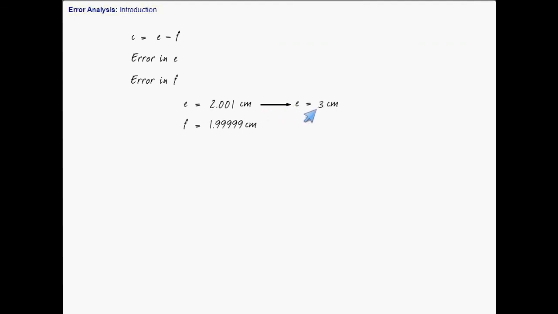I measured F; F can be either 1 centimeter or 2 centimeter, because the scale has a least count of 1 centimeter. So let's say F is 1 centimeter. In that case you can see the error will be approximately 2 centimeter.